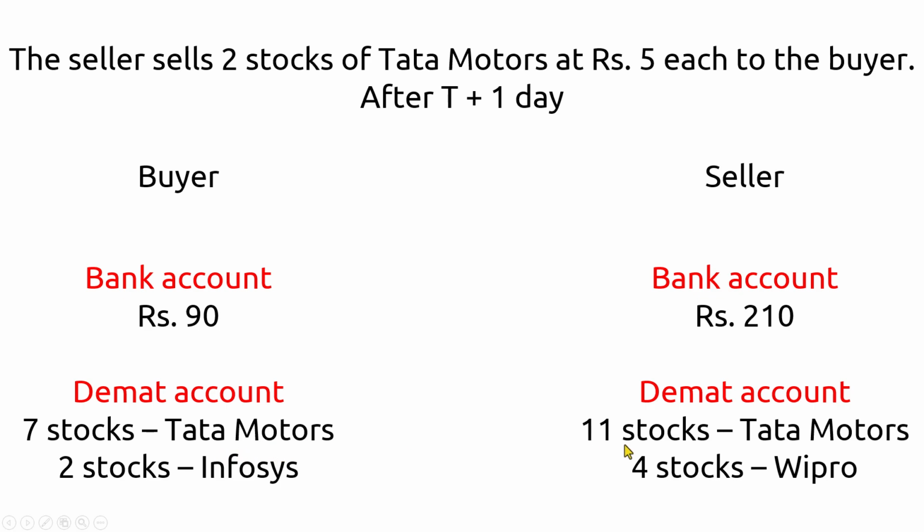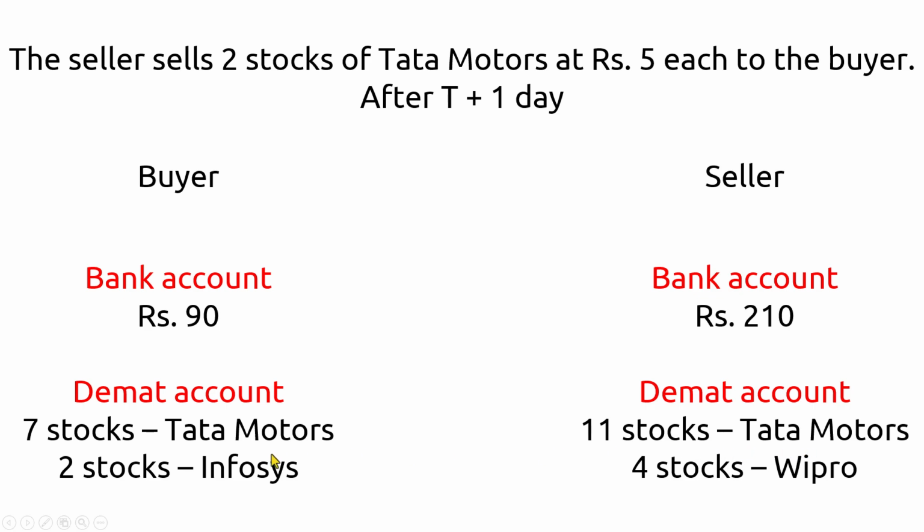In the Demat account of the seller, it says he has 11 stocks of Tata Motors. Previously, he had 13. He sold 2 and so now he has 11 stocks of Tata Motors.